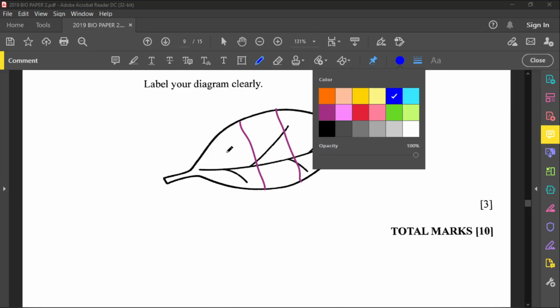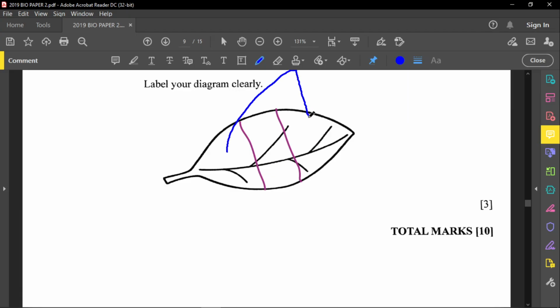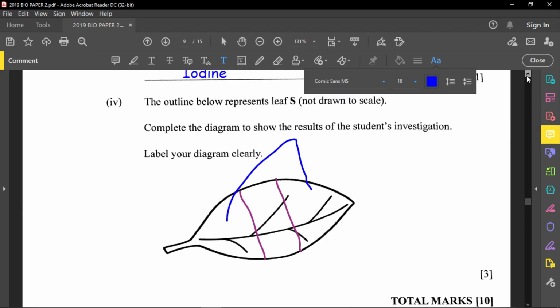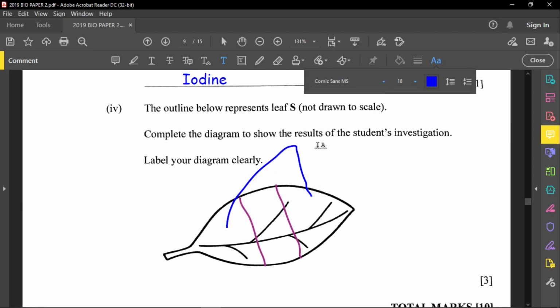These two areas that I'm going to point out, they were left exposed to light. So the areas here were exposed to light. Let me go down a little bit on the diagram so you can see it properly. These two areas were exposed to light.